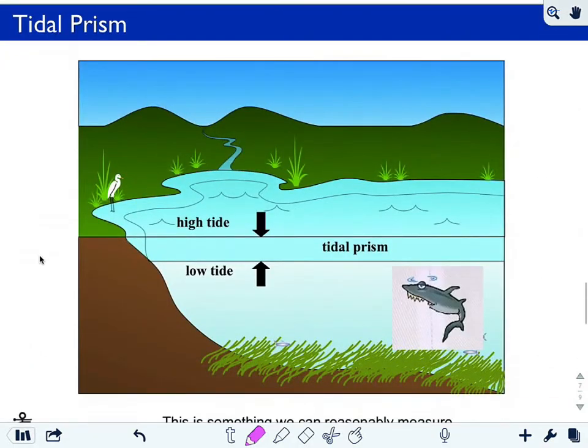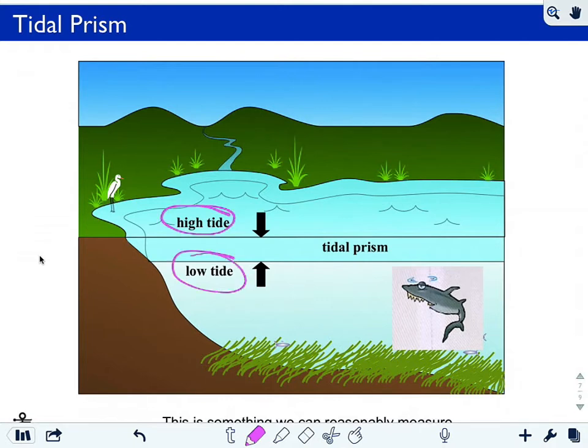A key metric is the tidal prism, and this will come up in some of the discussion we have in later lectures as well. The tidal prism is simply the difference in the volume of water in an estuary between high tide and low tide. At high tide, there's more water. We subtract the water that we have at low tide, and the difference is the tidal prism. So if you have a larger tidal range, you will naturally have a larger tidal prism.